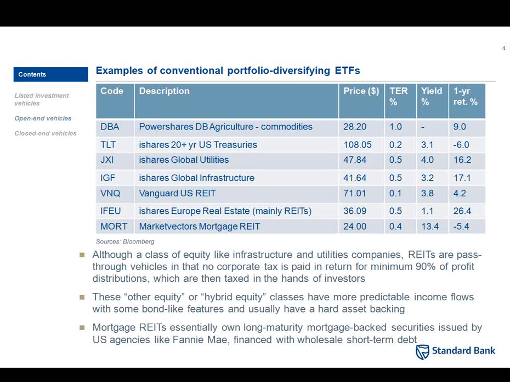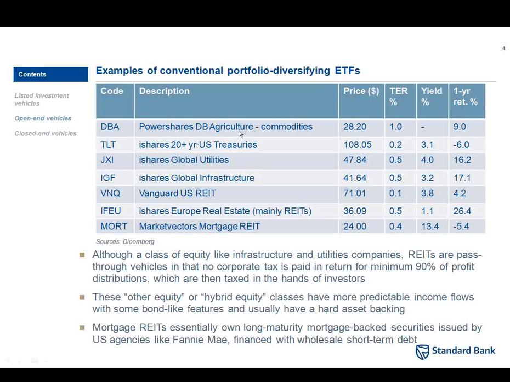So when you have a steep yield curve like we've got now, with low short rates and fairly high long rates, it's a great way to make money. But bear in mind they're very interest rate sensitive and have a fair amount of risk, because they're essentially a highly geared investment in bonds.